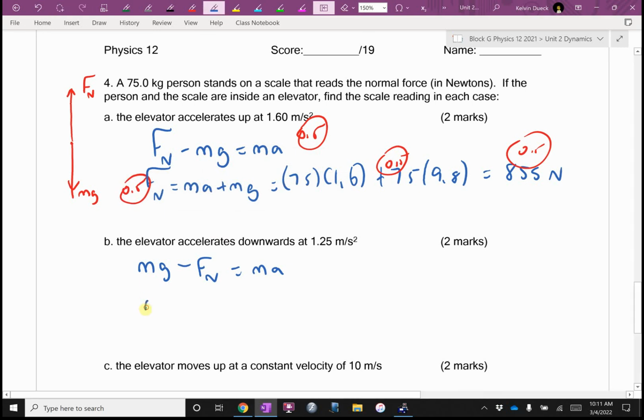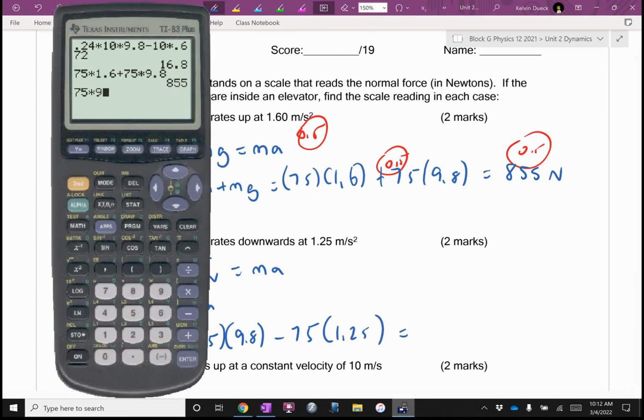It's going to be mg minus ma. That equals the normal force. So the normal force is going to be m 75, g 9.8, minus m 75, a 1.25. 75 times 9.8 minus 75 times 1.25.